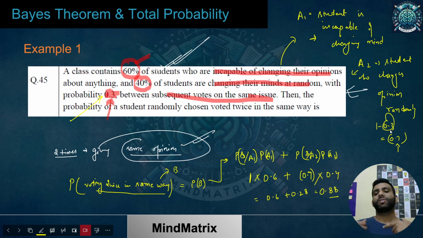That means the probability used over here is 0.7, because with 0.7 probability they answer the same way. And what is the probability of such kind of students? 0.4, because those were 40% of the students. So the answer is 0.88. I hope the idea is again clear over here.